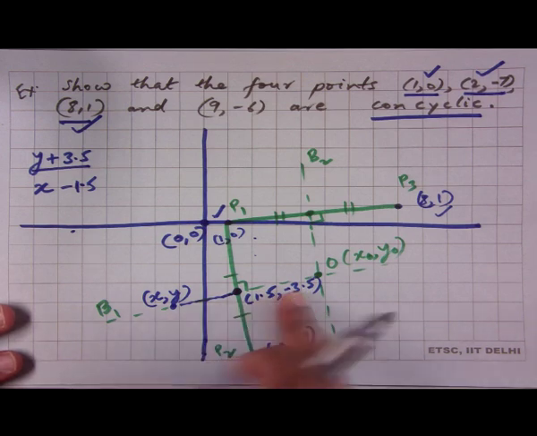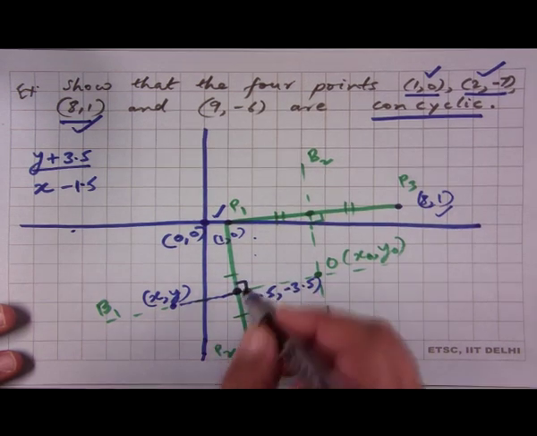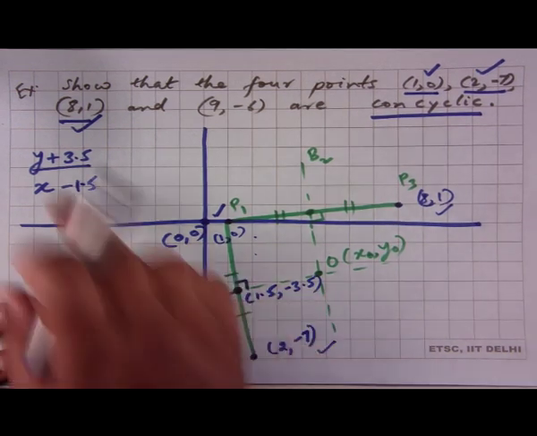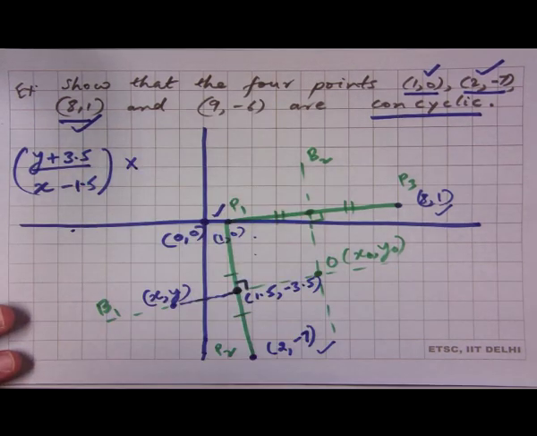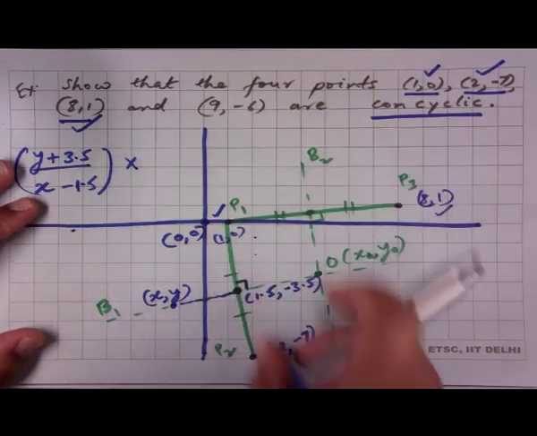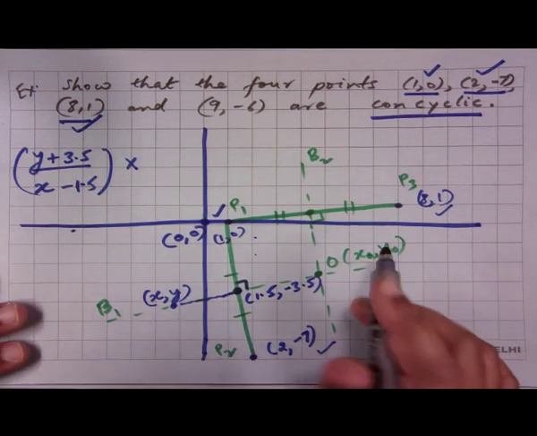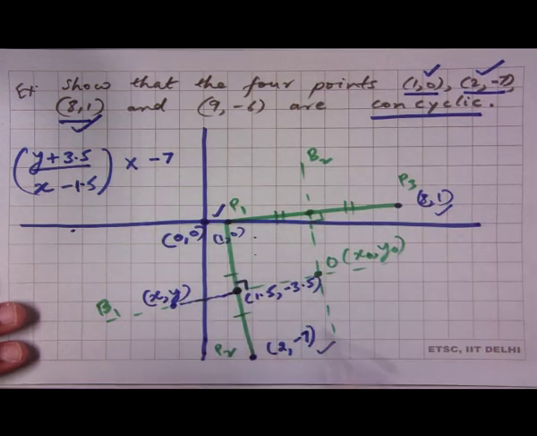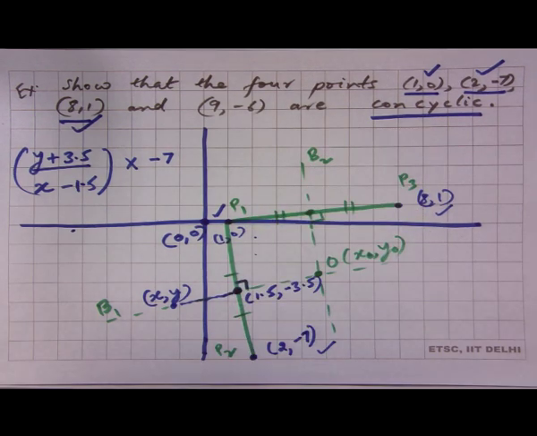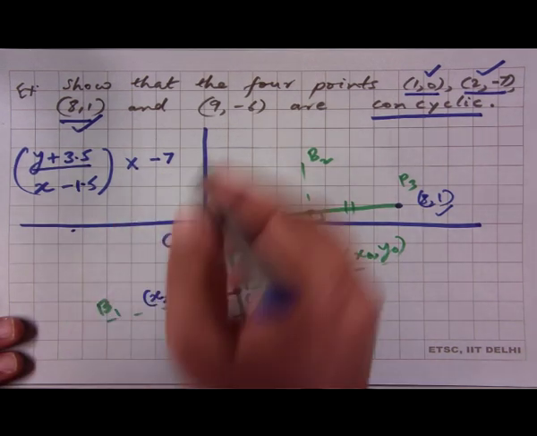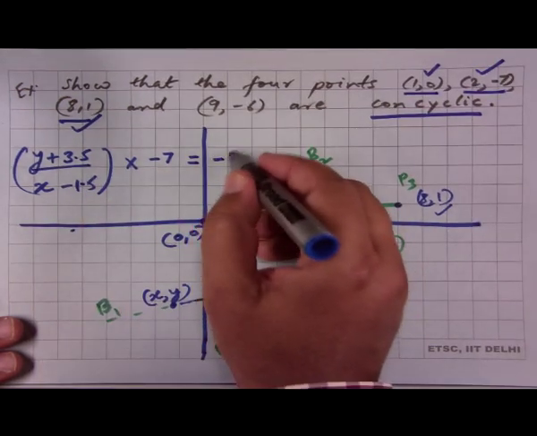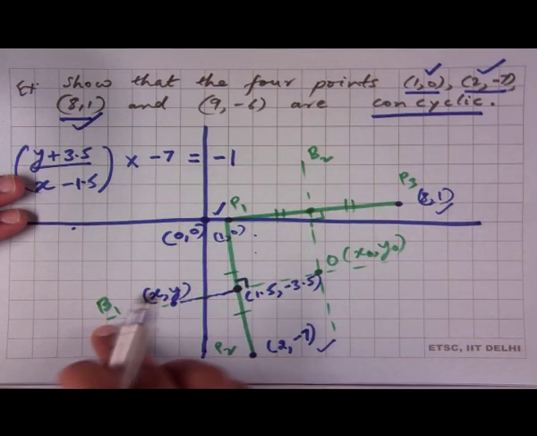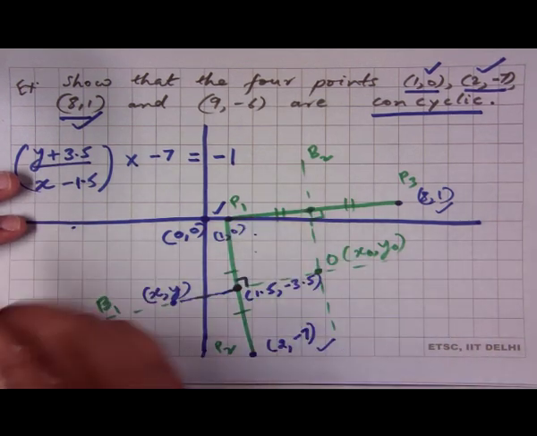And since this perpendicular bisector and the chord are at 90 degrees, the product of the slope of the perpendicular bisector, which is this expression, times the slope of the chord P1, P2, which is (-7 - 0) divided by (2 - 1), which is -7, must be -1, and therefore the equation of this perpendicular bisector of this chord P1, P2 is as shown.